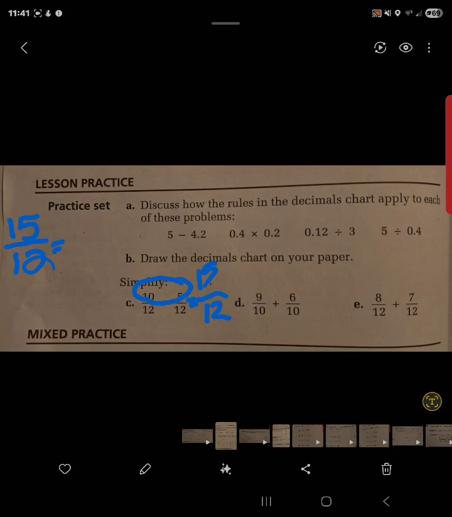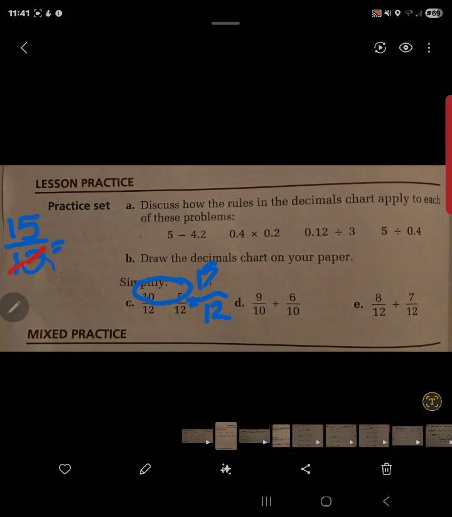It'll just make life a little bit easier on us. So what we have to do is find the biggest number that'll divide into both the 15 and the 12. Hopefully most people watching this video already know that it is a 3.